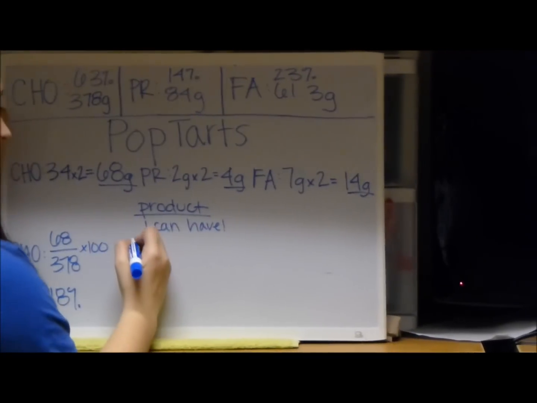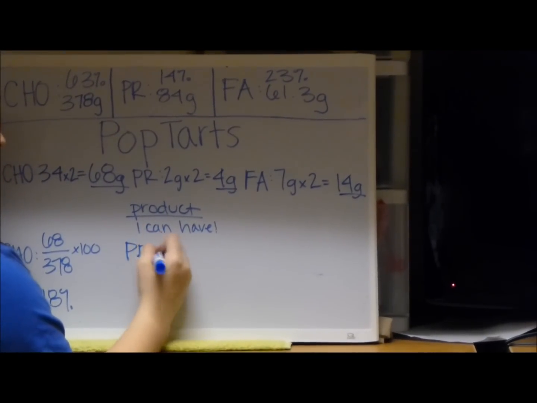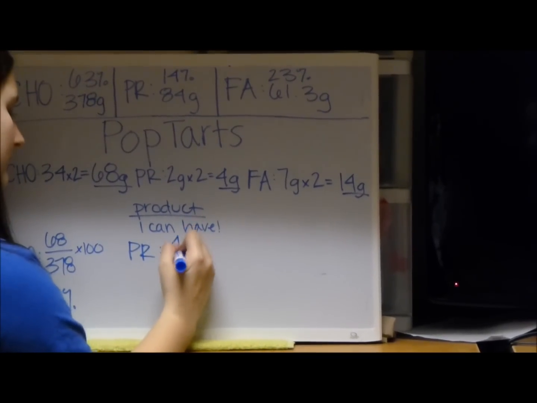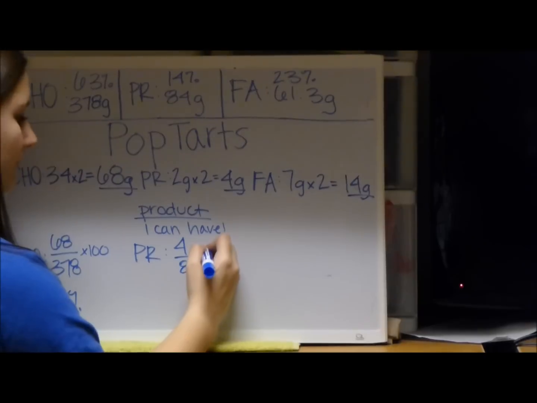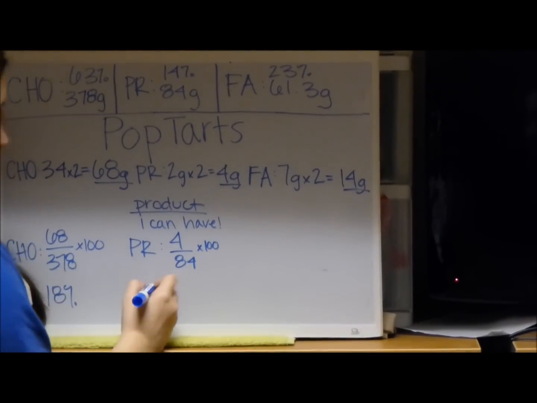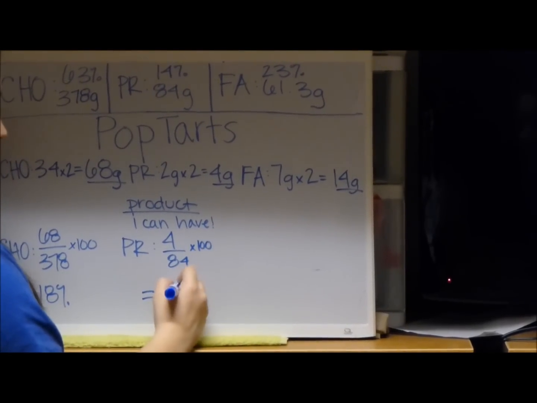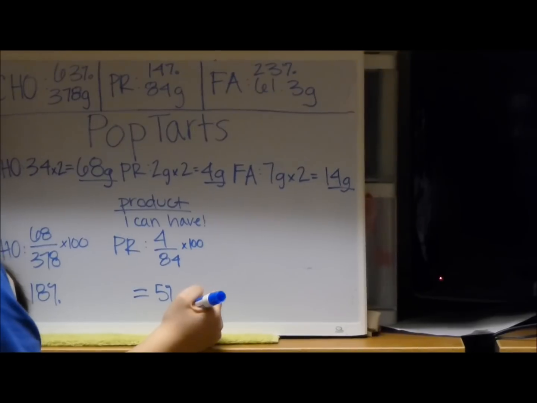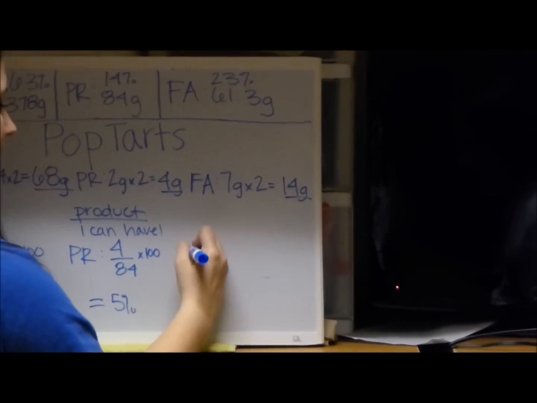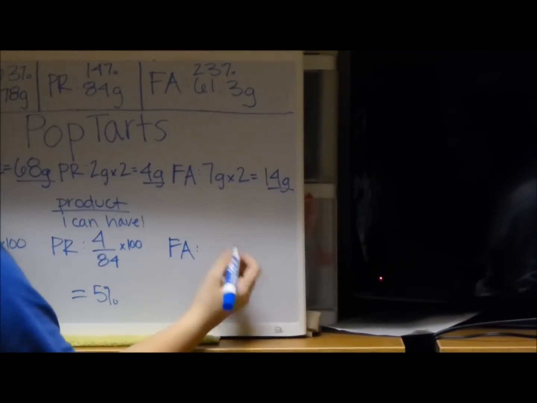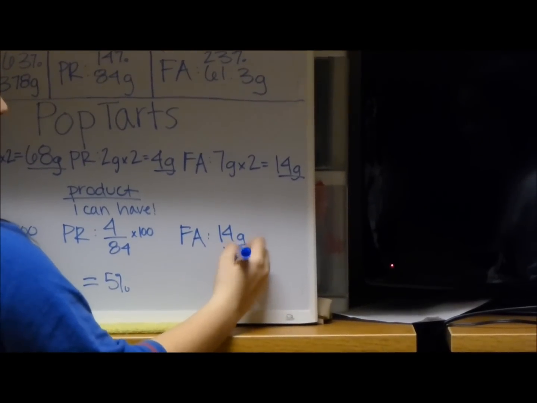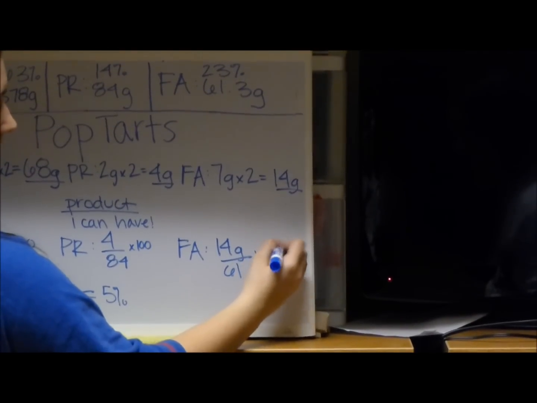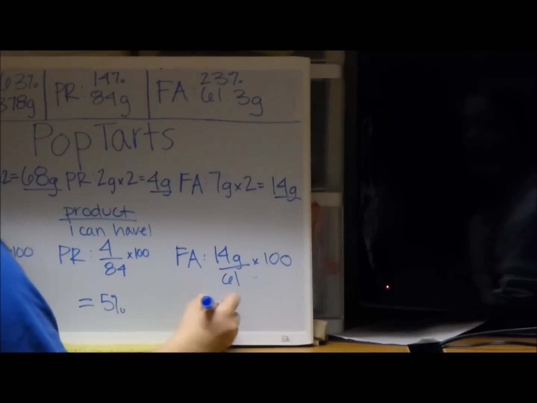And then protein, you're going to do 4 grams divided by 84 grams, multiply by 100 to get 5%. And finally, fat, 14 grams divided by 61 grams, multiplied by 100 to get 23%.